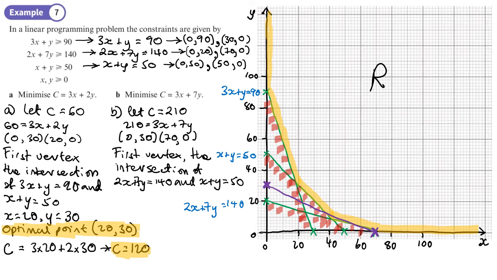I used my calculator to solve simultaneously, and doing that I get x equals 42 and y equals 8.